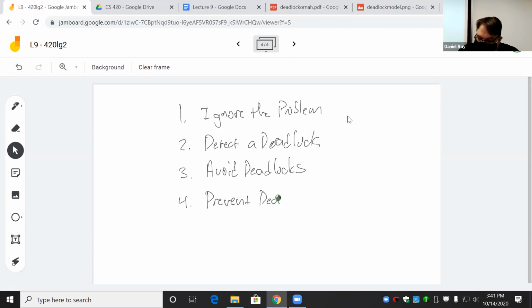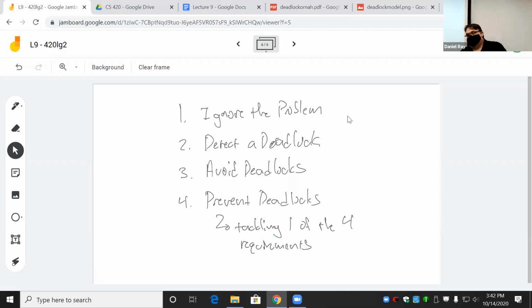And when we start talking about preventing deadlocks, we're discussing tackling one, at least, of the 4 requirements that lead to deadlocks. Okay? If you make a computer system where at least one of those requirements doesn't hold, then you can avoid deadlocks altogether.